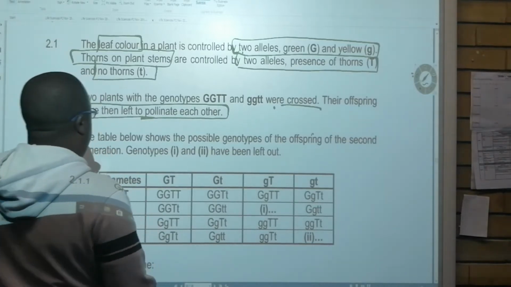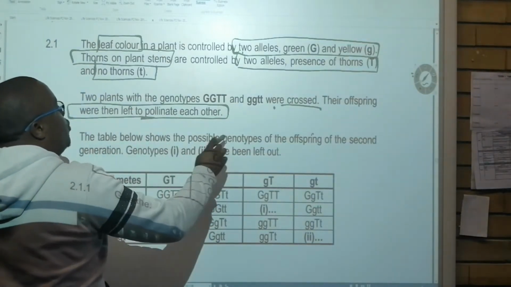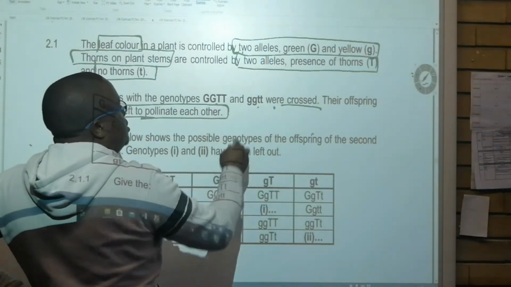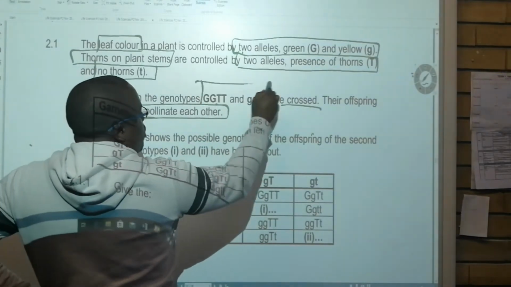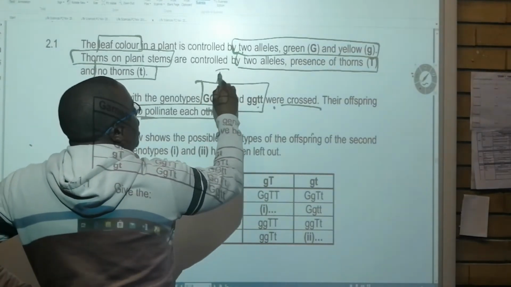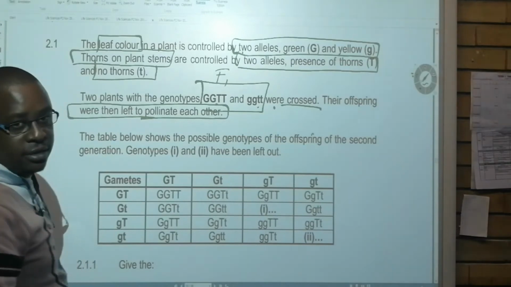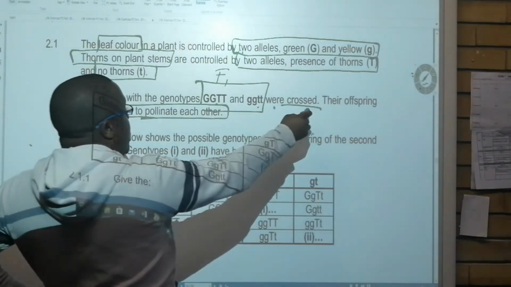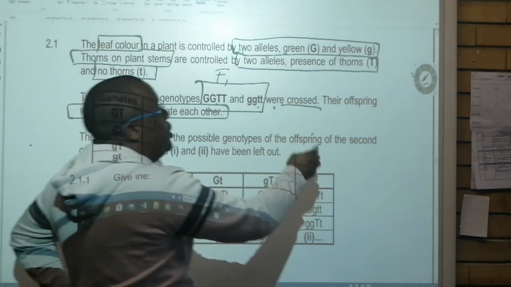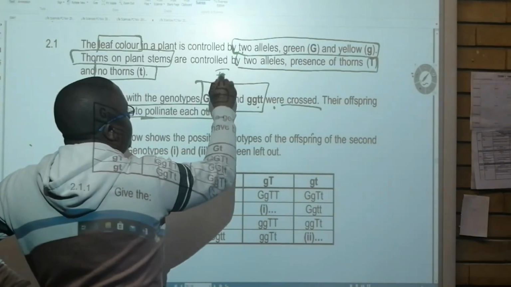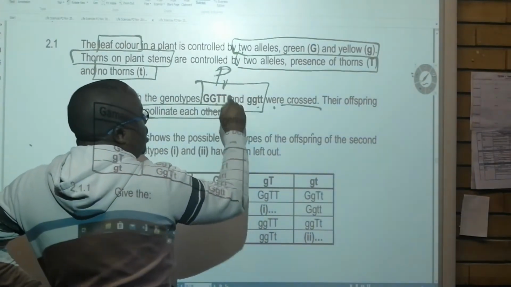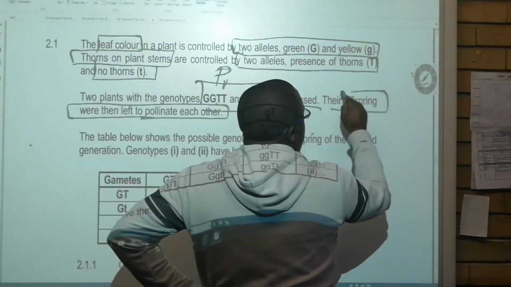Walk with me. 2 plants with this genotype. So this was P1, because they were crossed together, and then their offspring, what are their offspring?